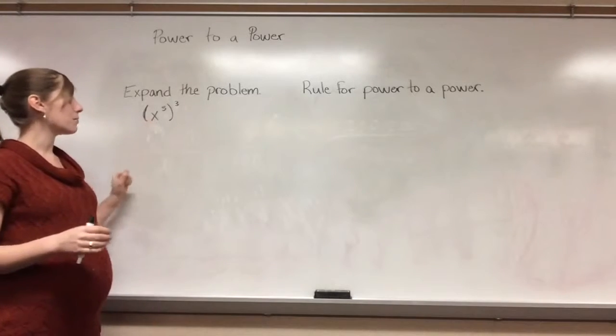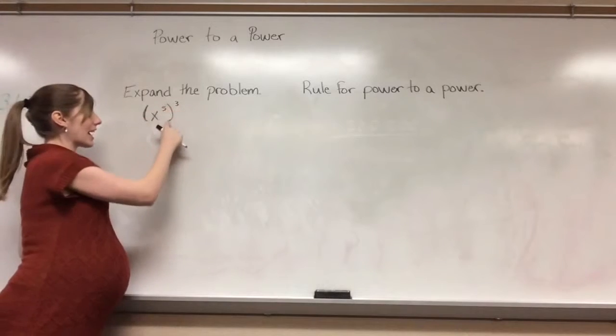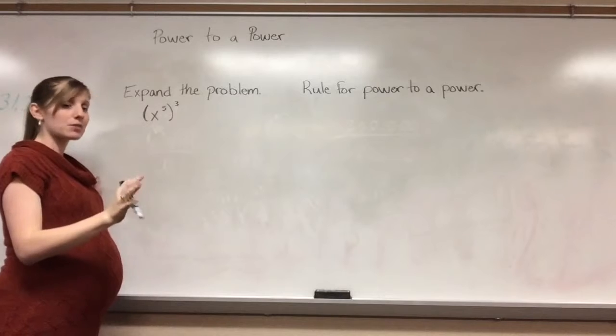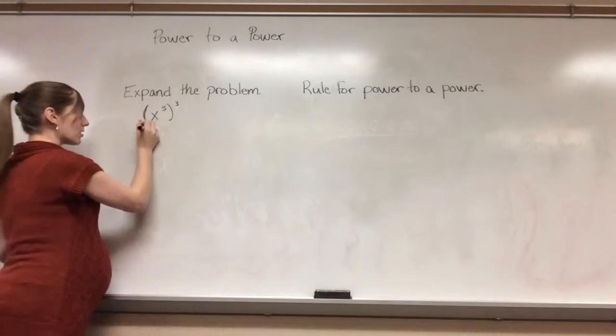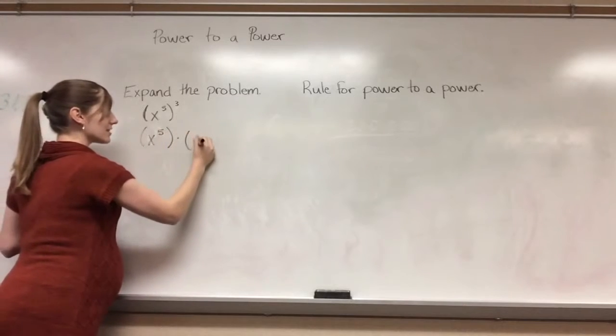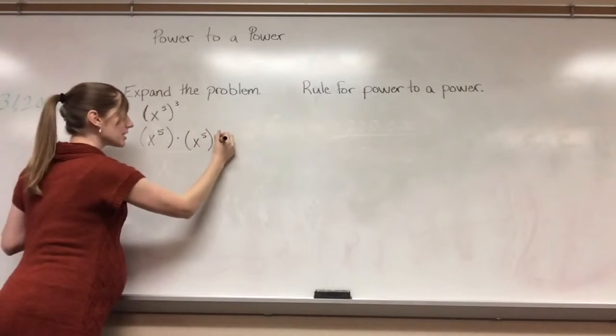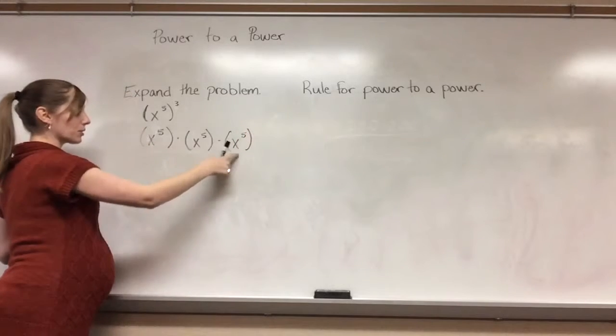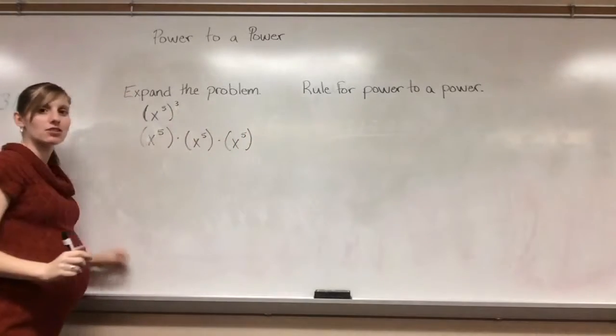So looking at this problem, it's saying that I need to take x to the 5th and multiply it by itself 3 times. So that means I'm multiplying x to the 5th times x to the 5th times x to the 5th. Multiplying it by itself 1, 2, 3 times because my power is 3.